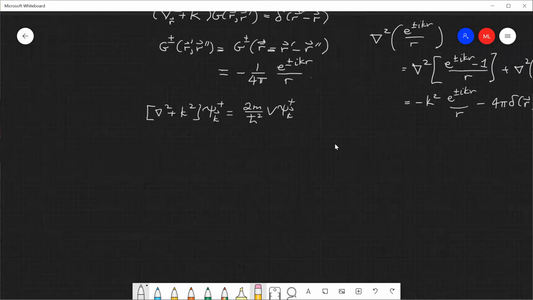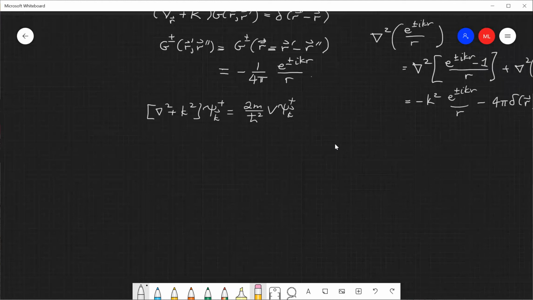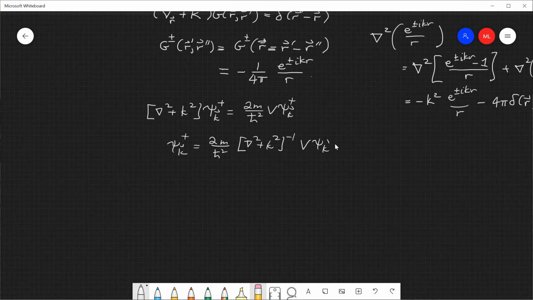And so now we see that psi of k plus is just equal to 2m over h bar squared times the inverse of this operator acting on V psi of k plus.